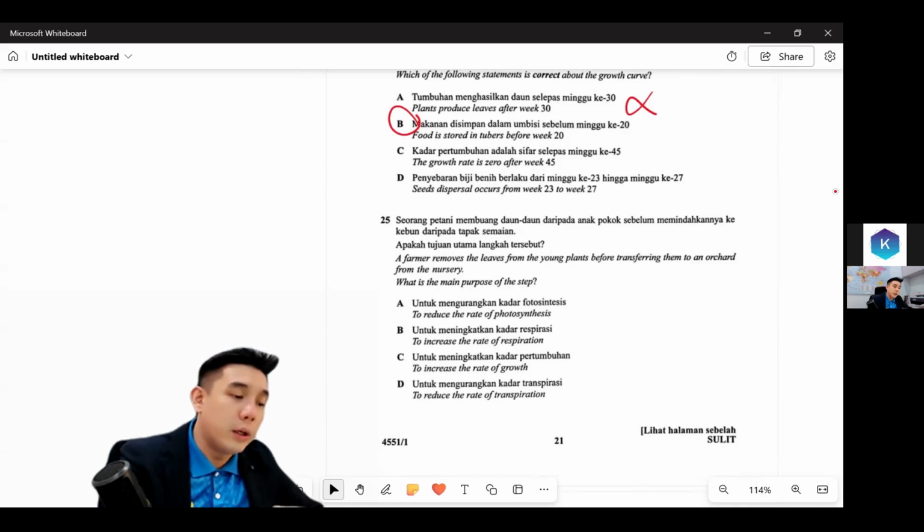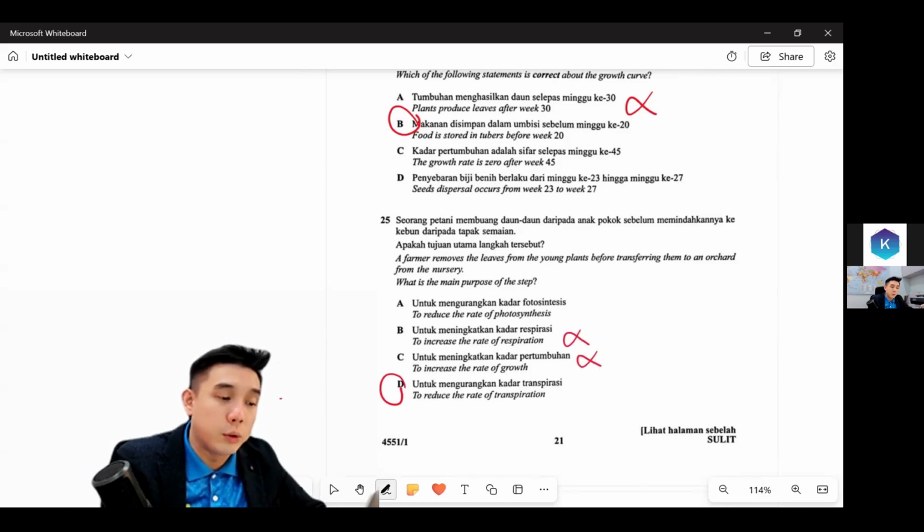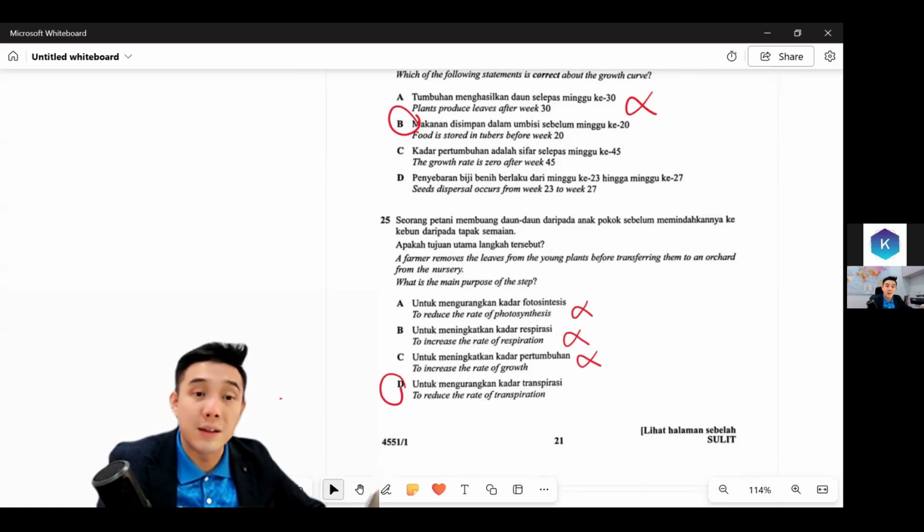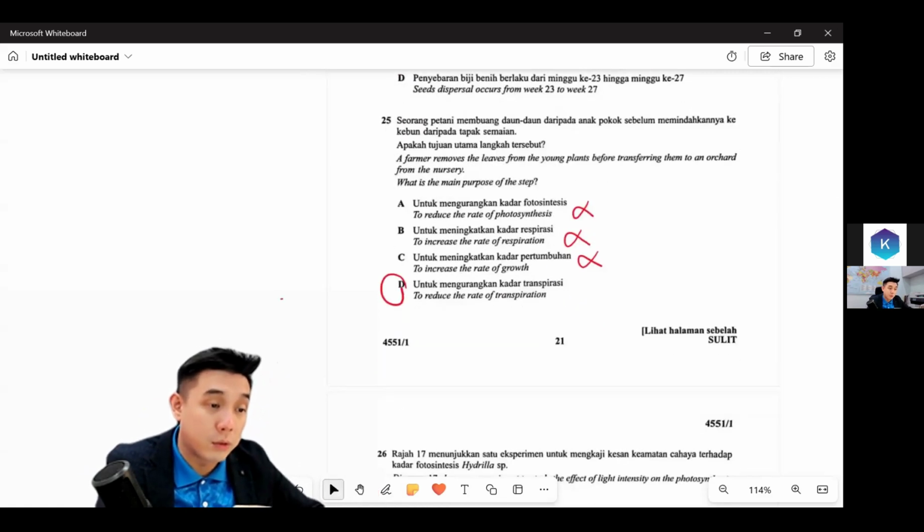Yeah, this is to reduce the rate of transpiration because the leaves don't contribute to growth, respiration or photosynthesis. So the answer is D, reduce the rate of transpiration.